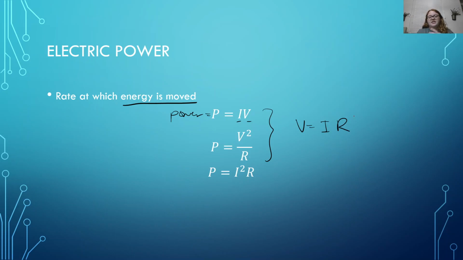So we can plug these in almost every which way to find power. I just want you to be aware that there's not one particular equation. You can manipulate them so we can solve for power with whatever our inputs are.